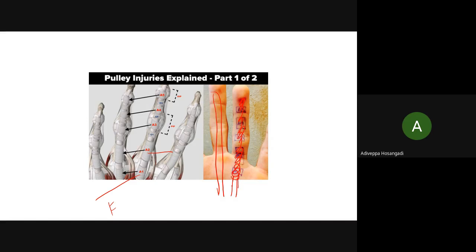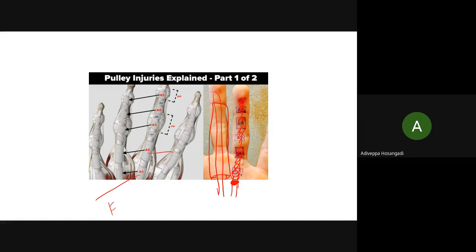If there is a swelling here, or narrowing, if the mouth of this tunnel is narrow, what happens? Your finger doesn't glide easily. You want to extend, you try and extend the fingers.